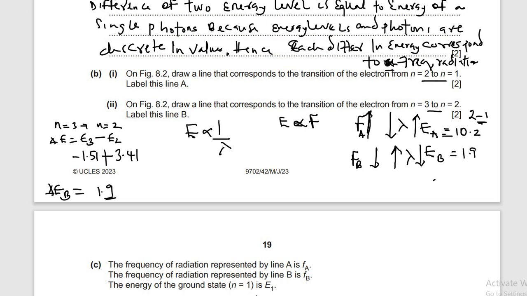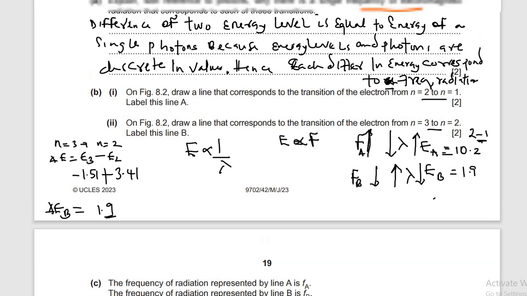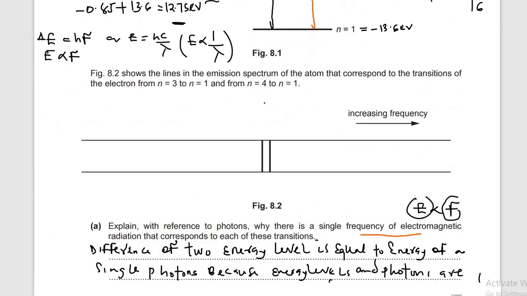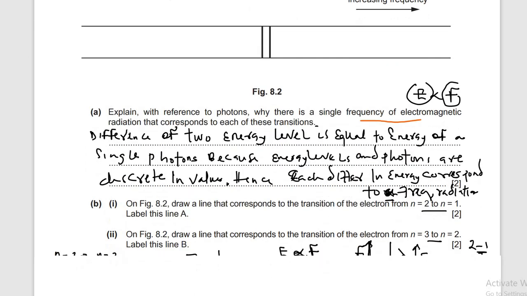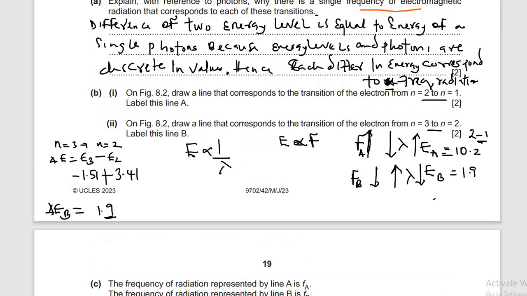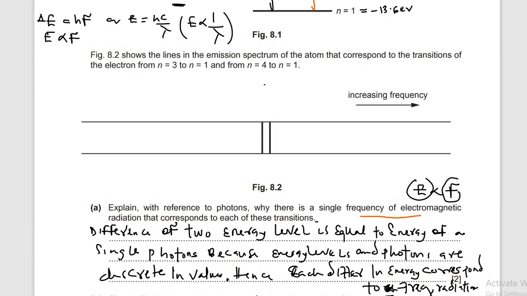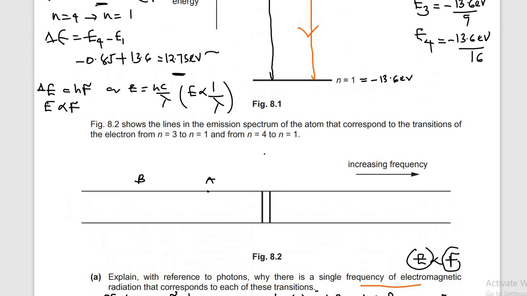Let's look at it like this. You said we should draw it here, increasing frequency. Increasing means starting from the lowest to highest. Which one has high frequency? FA has high frequency, so A will be here, then B will be before A. So it's increasing frequency, from 2 to 1 and 3 to 2.